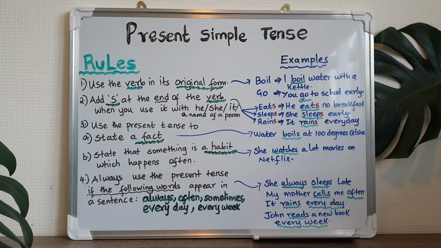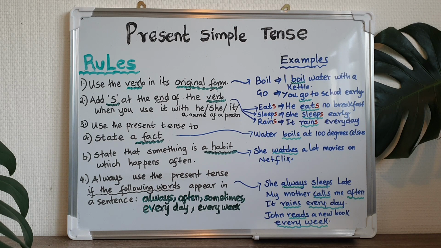So, the first rule of the present tense is that you have to use the verb in its original form. Cook, play, eat, sleep, climb, read. Okay? All these verbs must be used in their original form.